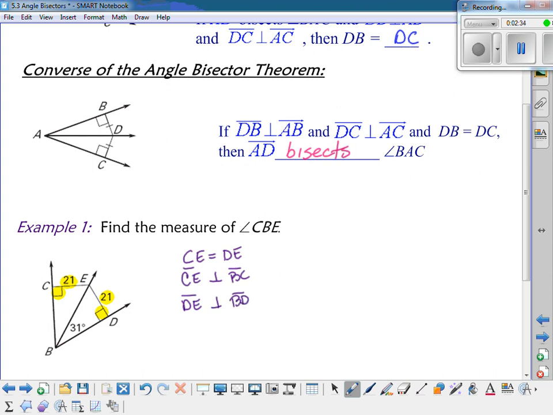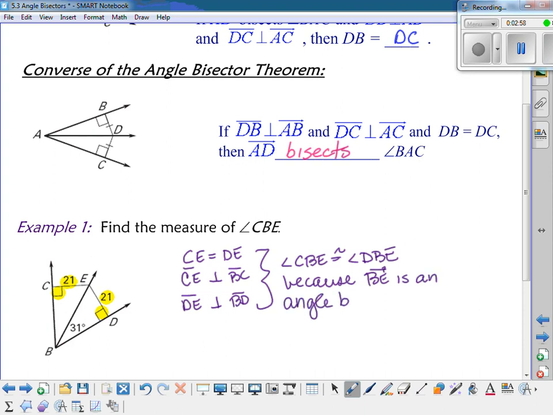Because I have all of these things true, I know that angle CBE is congruent to angle DBE, because BE is an angle bisector, by the converse of the angle bisector theorem.